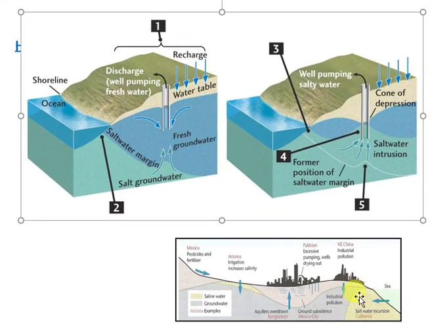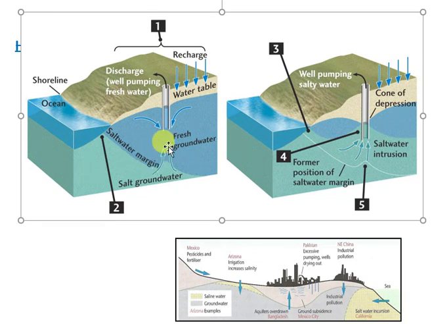The next one, saltwater incursion, a side effect of over abstracting from aquifers near the ocean. If you take a look at this example on the left, we've got fresh water, right? And then we've got a margin that splits the fresh groundwater from the salty groundwater.